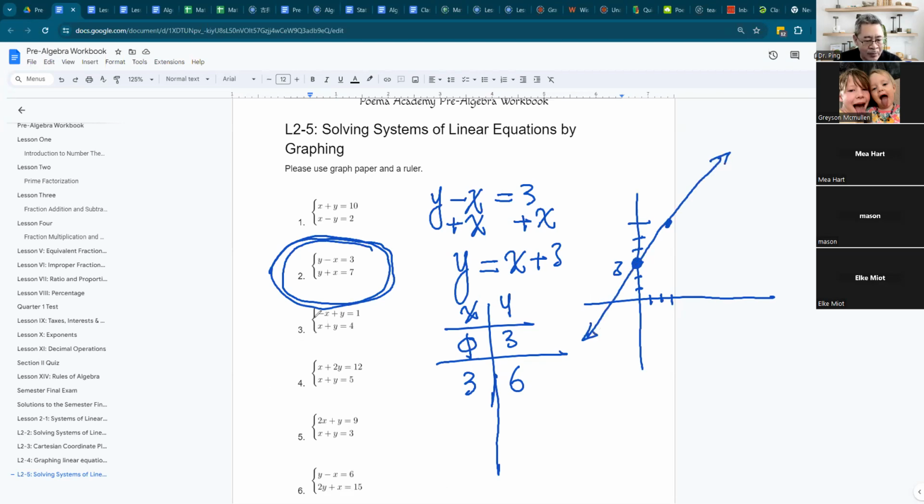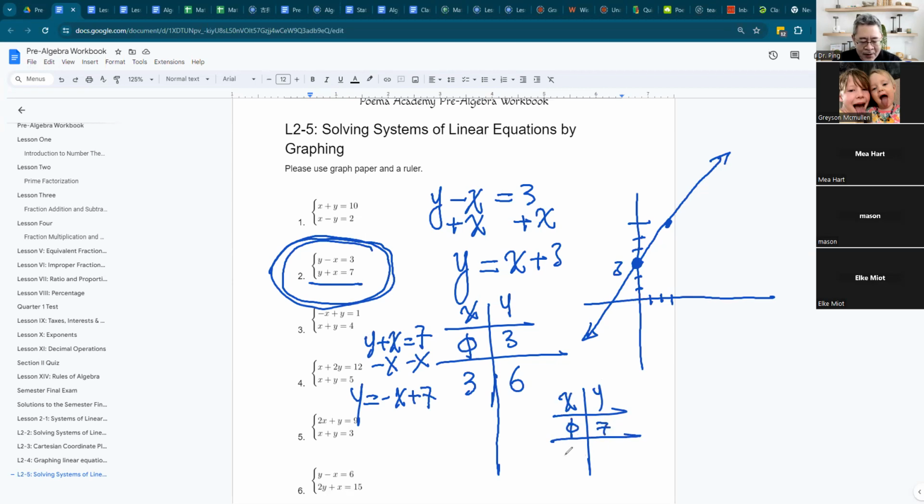And the other line is y plus x equal to 7, then minus x on both sides, then y is minus x plus 7. So if x is 0, then y will be 7.